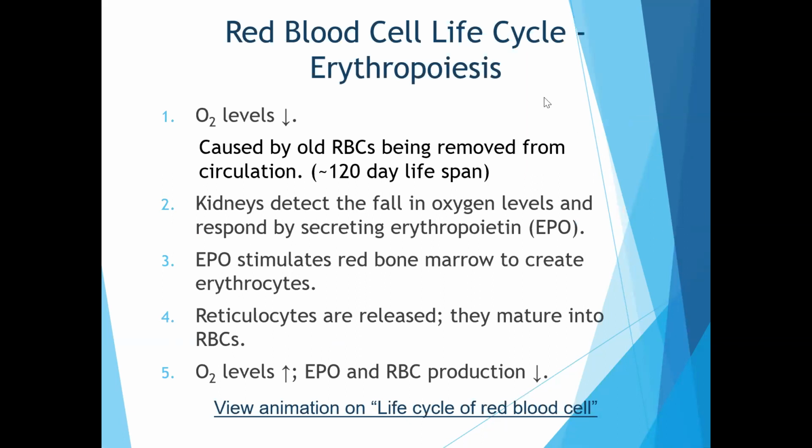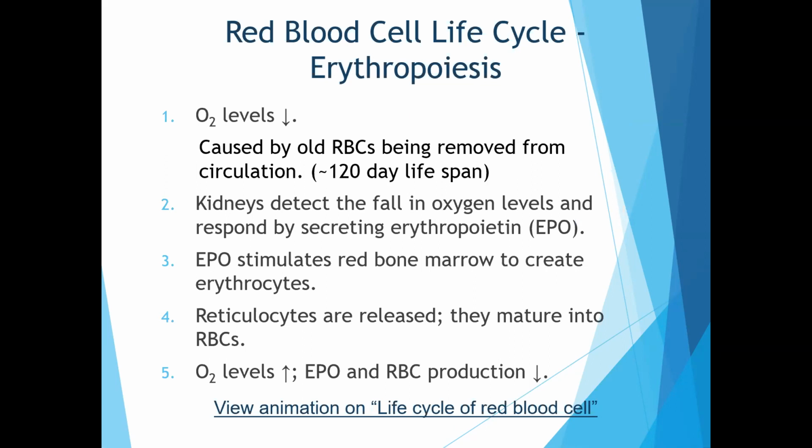Okay, so as I said, erythropoiesis is the actual creation of red blood cells. And as I said, they can't divide at all, so they have a lifespan. So basically, what happens in our body is oxygen levels start dropping. This is because old red blood cells are being removed from circulation.